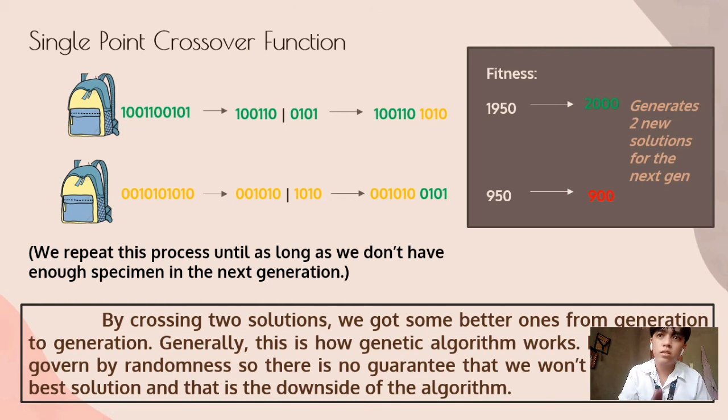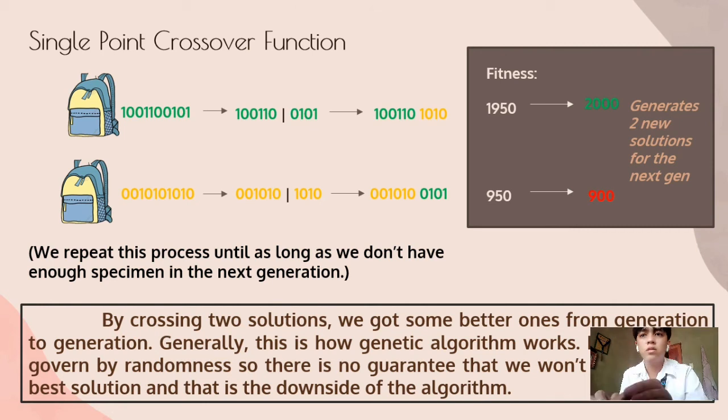So the fitness is 1,950 for the green one and 950 for the yellow one, giving two new solutions for the next generation. We repeat this process until we have enough specimens in the next generation.